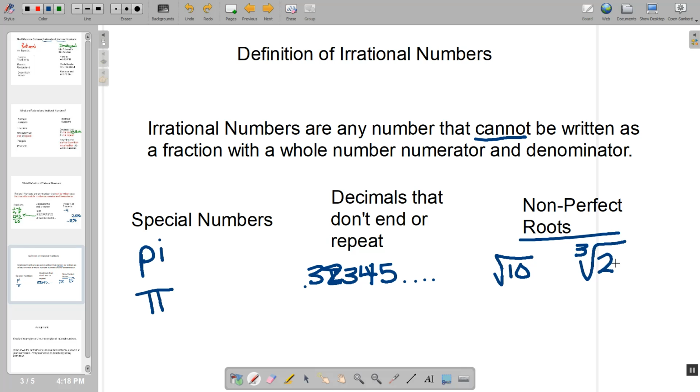The cubed root of 27 is equal to 3, so that would make it a rational number. But if I had the cubed root of, let's say, 28, that is an irrational number. So any non-perfect root. If I did the root of 65, that would be an irrational number. And if I did the fourth root of, let's say, 92, not a perfect root, does not have a whole number, therefore makes it an irrational number.